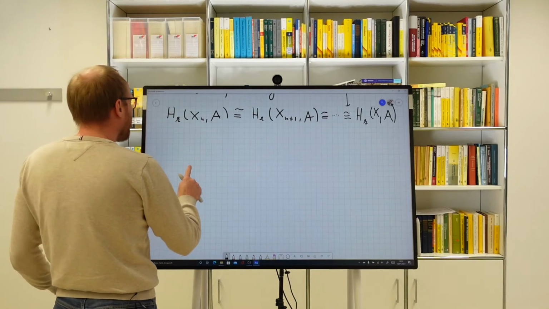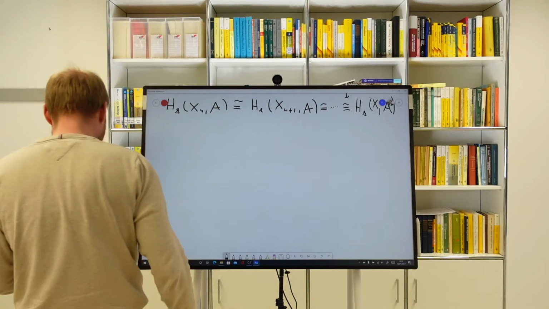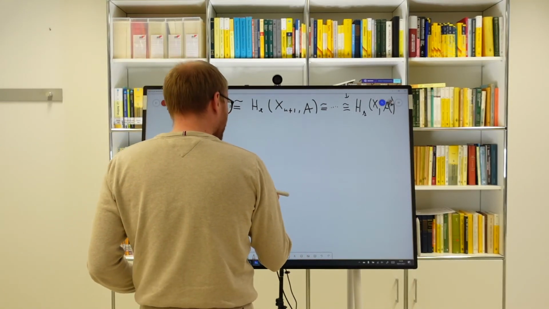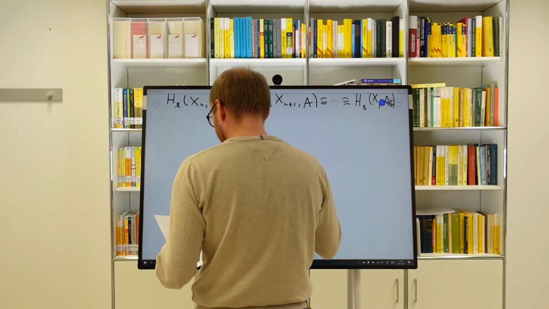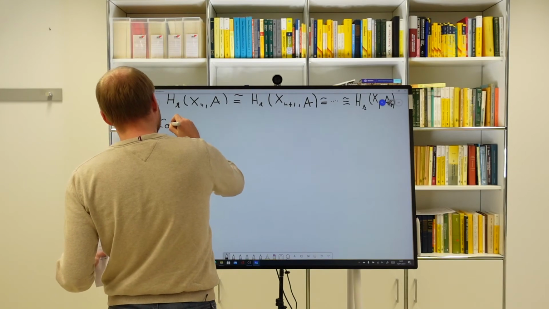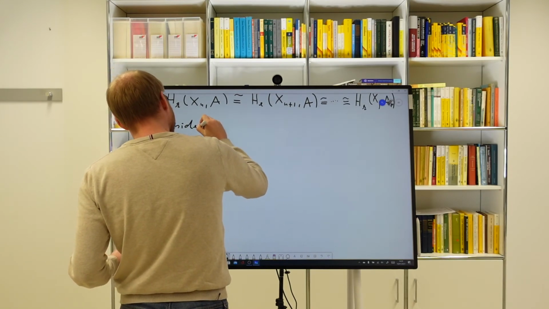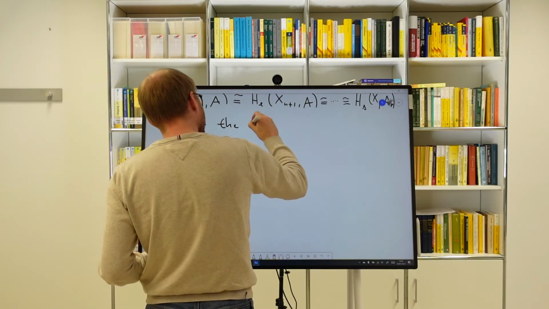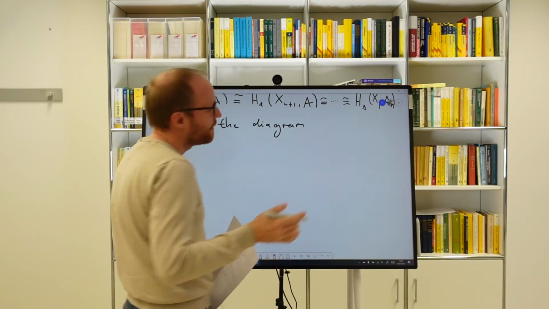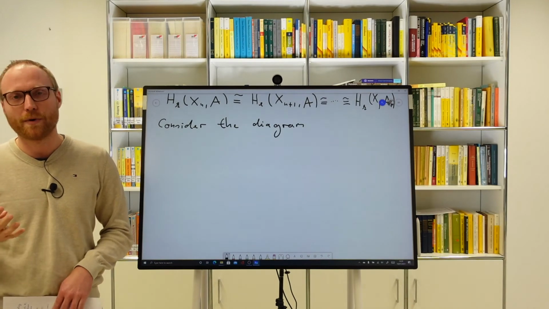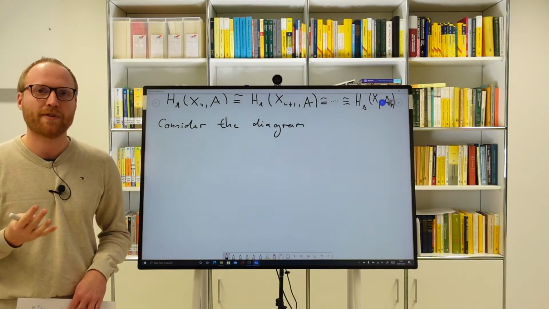Okay, so far so good. Now I will need a diagram, which will be kind of big, so I need to make sure I've got some space here. So we'll consider the following commutative diagram. It's the diagram that actually defined the boundary homomorphism in the cellular chain complex, which we had last time.